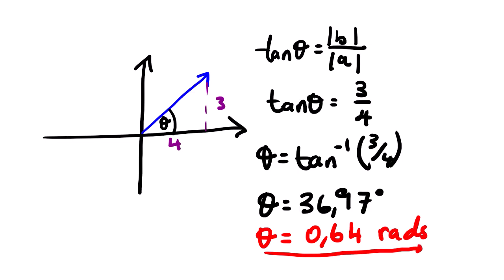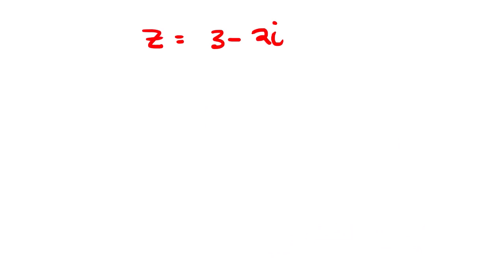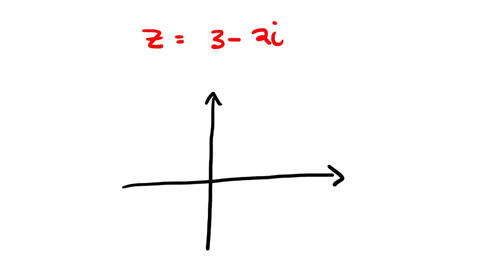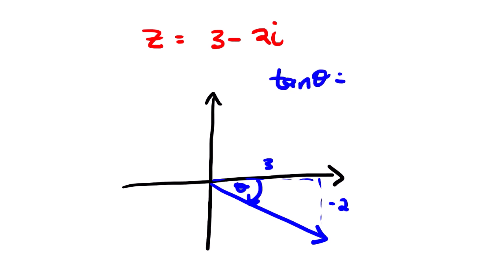Let us look at another example. z is equal to 3 minus 2i. Representing this, we can see it is in quadrant number 4. This will be our 3, this will be our -2, and we are looking for this negative angle. So tan theta is equal to 2/3.